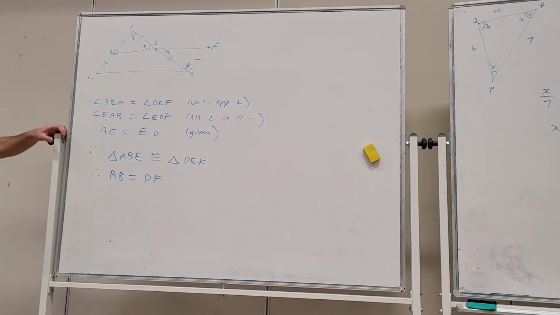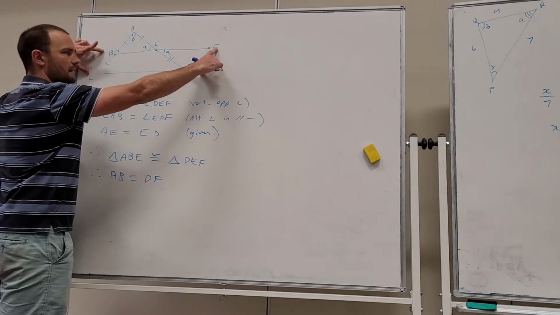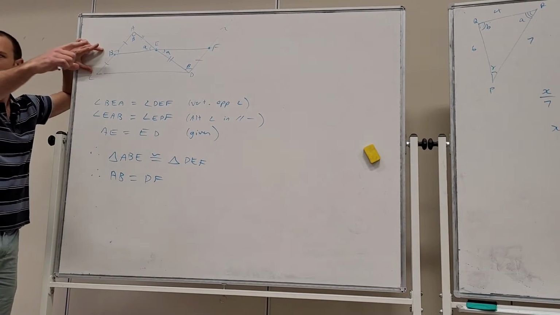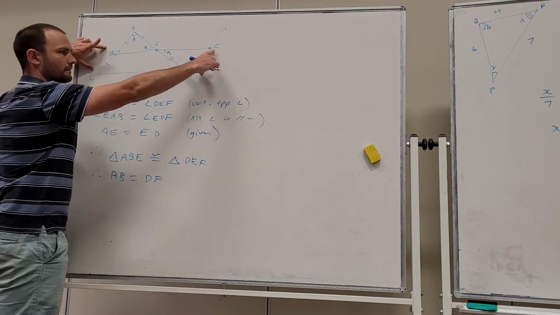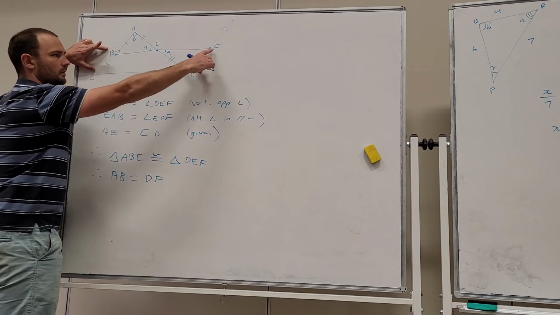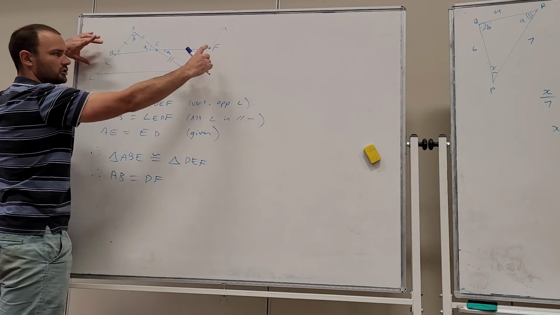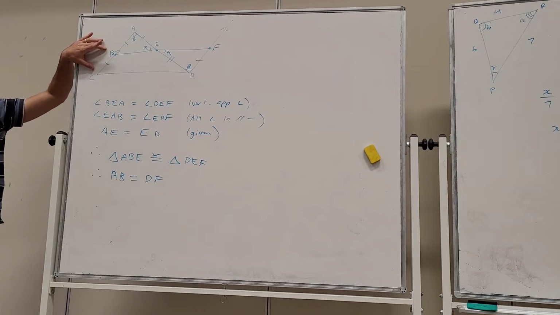Now we have CBDF. What shape is it? It's a parallelogram. We have parallel lines here. We know they're parallel because they're going in the same direction, and they have the same length.